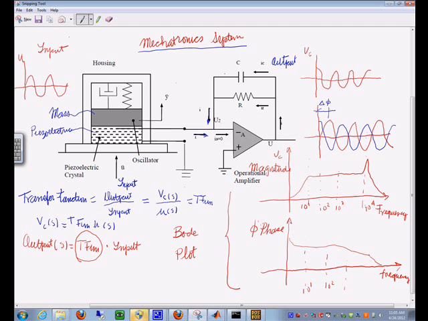So this circuit would allow us to measure the signal that was produced over here and be able to see it. So here's your mechanical side. And this is your piezoelectric transformation.